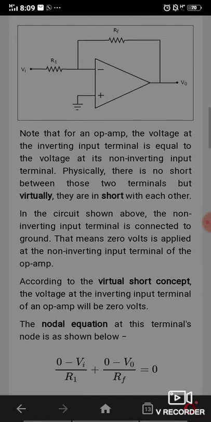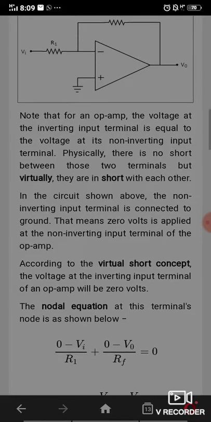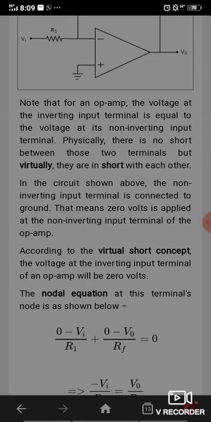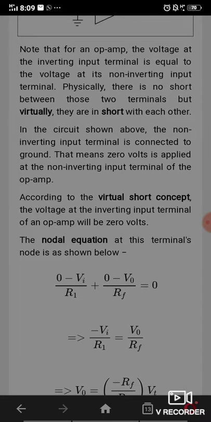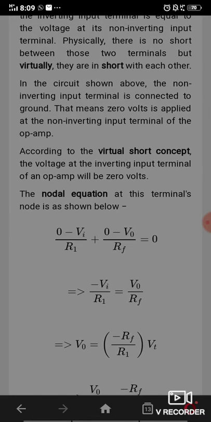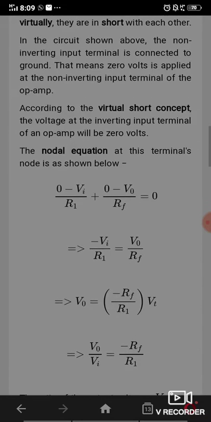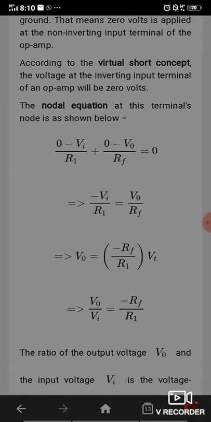The nodal equation at the inverting terminal node is shown below. (0 minus Vi) upon R1 plus (0 minus Vo) upon Rf equals 0. Vi upon R1 equals minus Vo upon Rf. Vo equals minus Rf upon R1 times Vi. Vo upon Vi equals minus Rf upon R1.